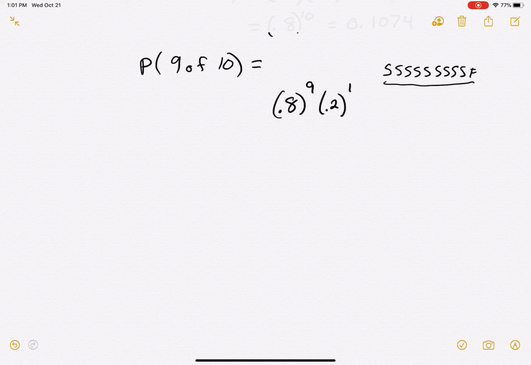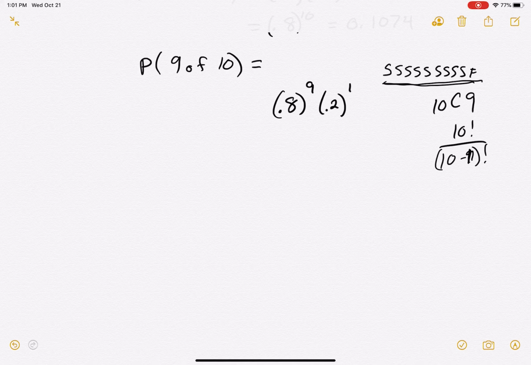So remember, to figure out all of this, we're doing 10 choose 9. Because really this is 10 factorial divided by 9 factorial times 10 minus 9 factorial.